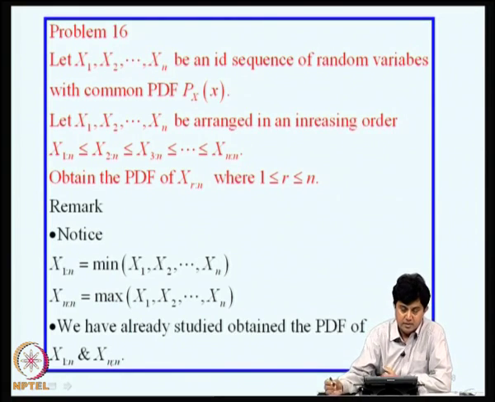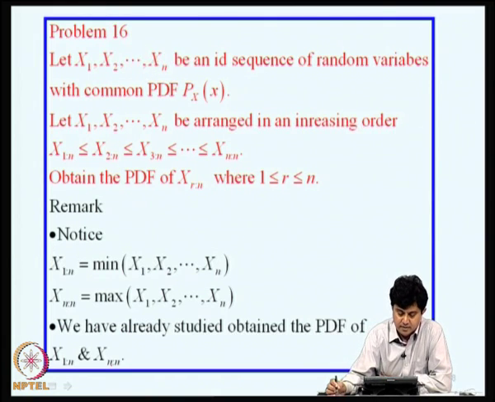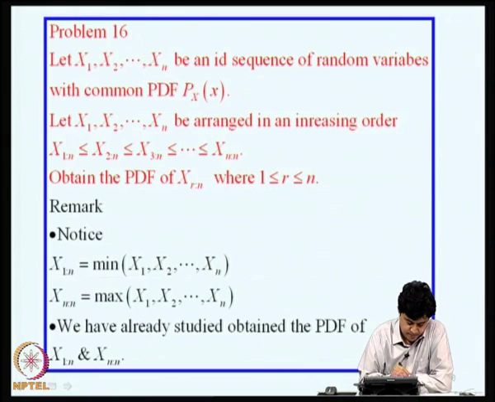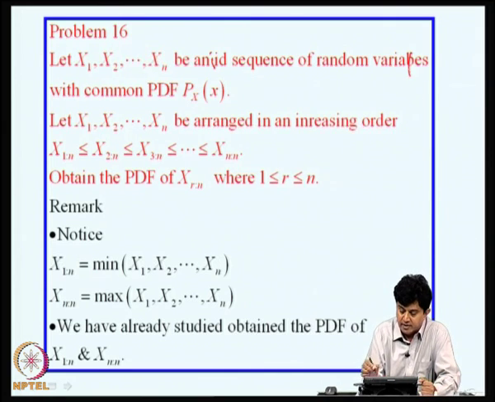Now another problem on sequence of random variables. We consider x1, x2, ..., xn to be an IID sequence of random variables with common probability distribution function Px of x.